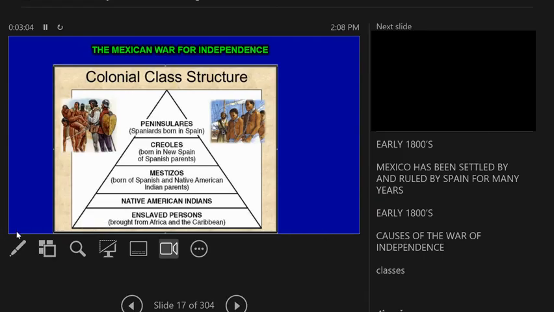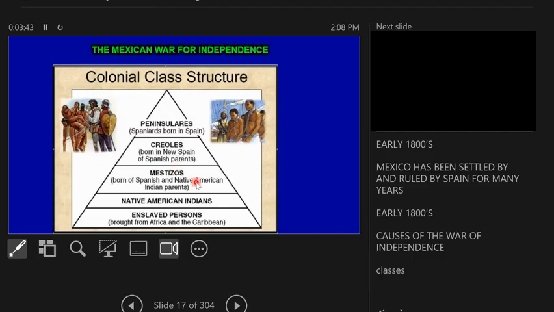In fact, if I get my laser pointer here, the society in Mexico is pyramidal in shape, where most of the people on the bottom are the enslaved people brought over from Africa and the Caribbean. Then above them are the Native American Indians, the indigenous people of Mexico. And then above them are people that have an indigenous parent and a European parent.